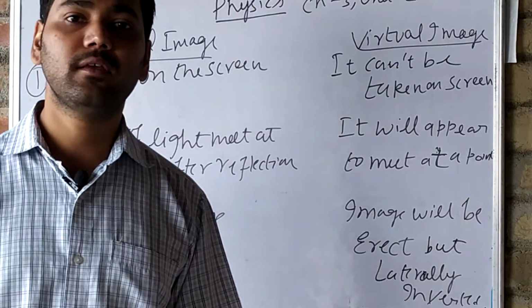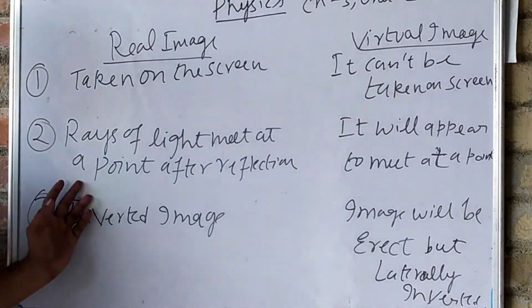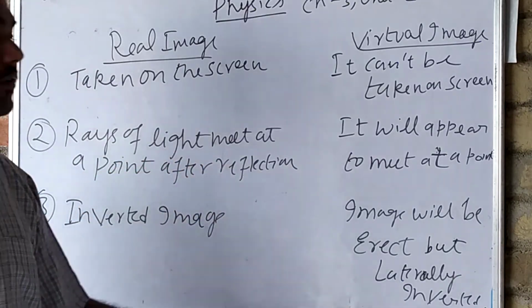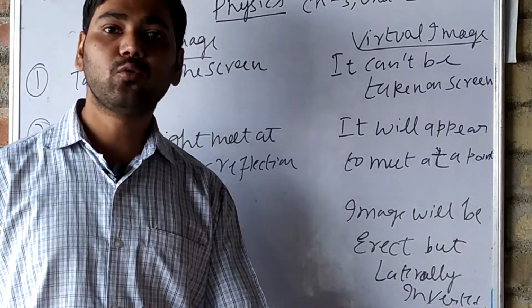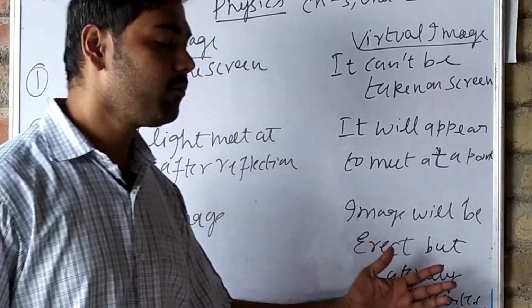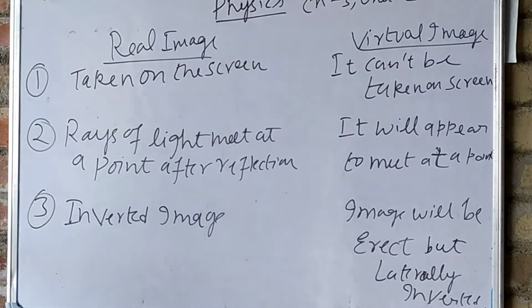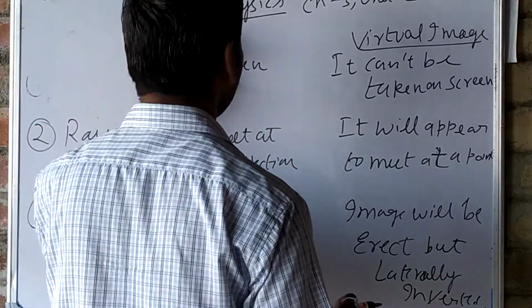Very important difference. It can be taken on the screen, it cannot be taken on the screen. Rays of light meet at a point after reflection, rays of light appear to meet at a point after reflection. Image will be always inverted, and here image will be always erect but can be laterally inverted. So this is about the real and virtual image we have studied.